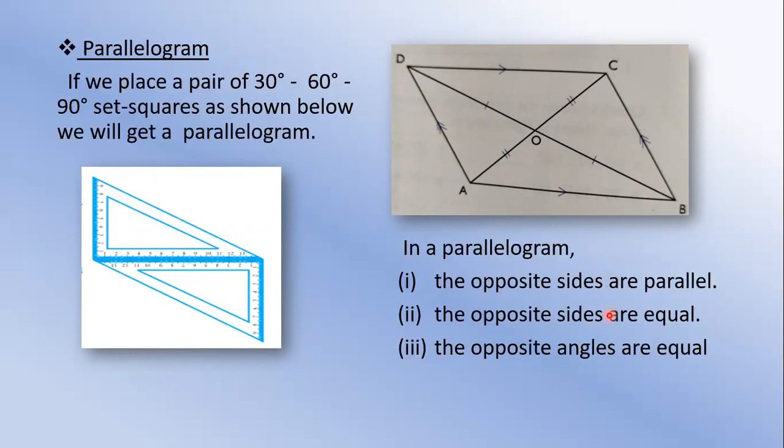This is also the same property as the rectangle. The opposite angles are equal. In a square and rectangle, all four angles are equal and of 90 degrees. But in a parallelogram, only the opposite angles are equal. That means angle A is equal to angle C and angle B is equal to angle D. Angle A will not be equal to angle B.